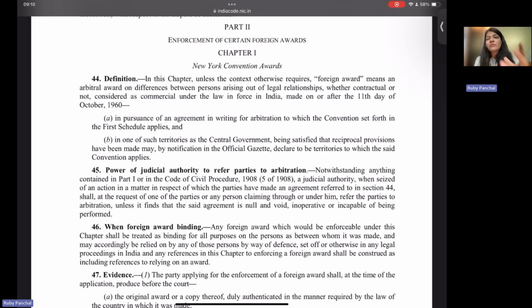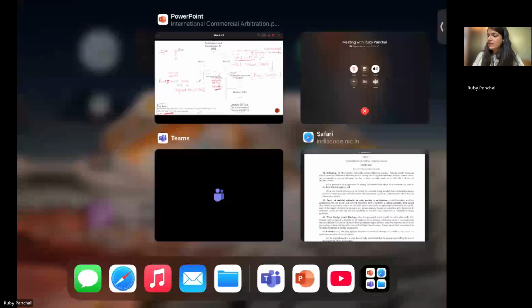So basically, it's an arbitration under an agreement to which New York Convention applies. And this arbitration is in one of such territories as the central government, being satisfied that reciprocal provisions have been made, may by notification in the official gazette declare to be territories to which said convention applies.